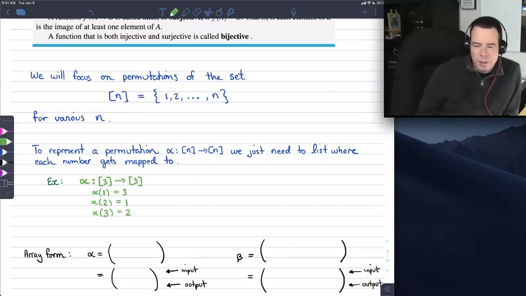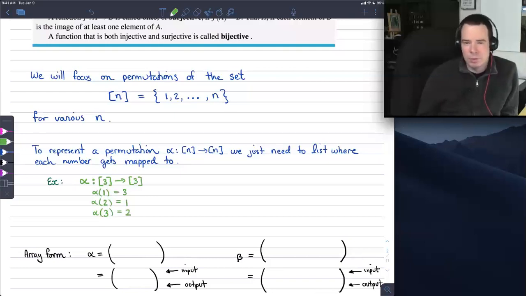Because our sets are finite, we can just exhaustively list how all the inputs get mapped to the outputs. In calculus, for example, the sets that you work on are infinite, like the set of all real numbers. So you can't just explicitly list the input values and the corresponding output values. That's where those formulas come in, that tell you how the inputs go to the outputs.